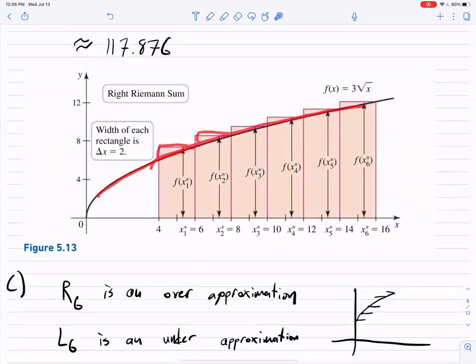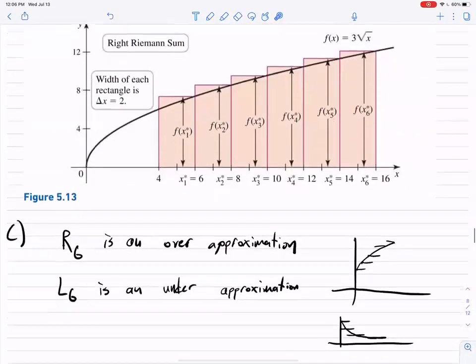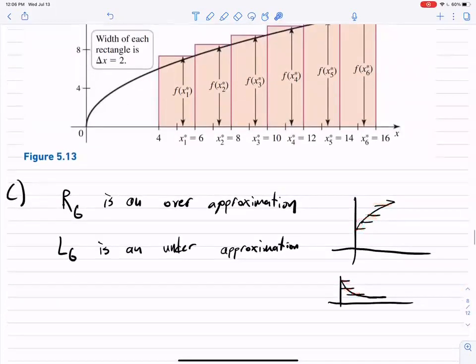If we have an increasing function, a right endpoint will be an over approximation, and a left endpoint will always be an under approximation. So R6 is an over approximation, and L6 is an under approximation. But if it was a decreasing function, it would be the opposite. If we pick the left endpoint, we would be over approximating, and the right endpoints would be under approximating. So it's because it's an increasing function.